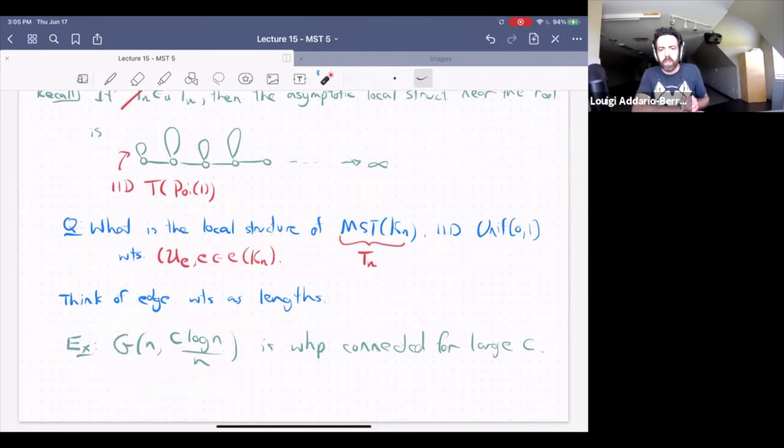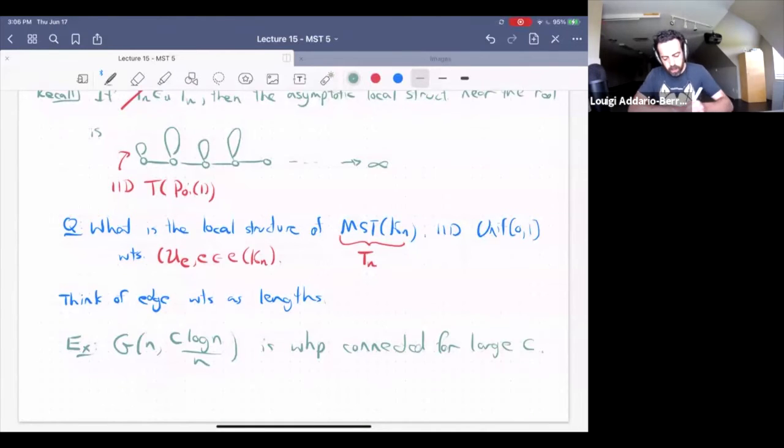If you think of the edge weights as lengths, that's saying that every vertex in the graph will have at least one neighbor at distance order log n over n, so in particular little o of 1. If you think about the graph becoming large, that's saying that lots of vertices would be collapsing in on themselves and becoming infinitely close in the limit.